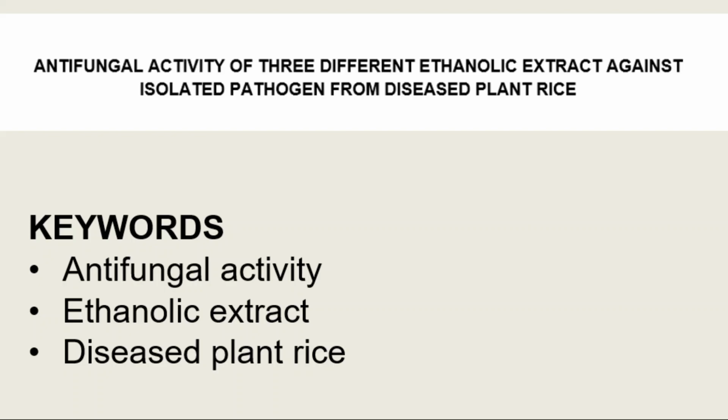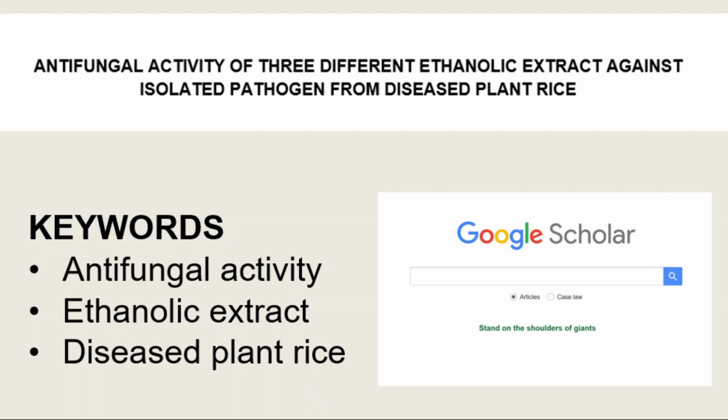Now that you have identified your keywords, you have to go and search in a search engine. The most popular search engine is Google Scholar. In Google Scholar, you can now write your keywords here.